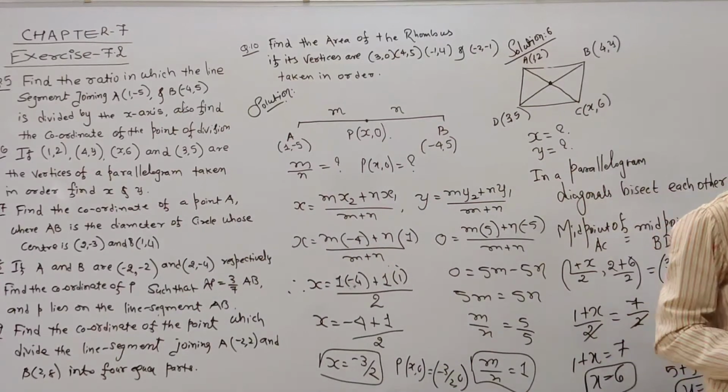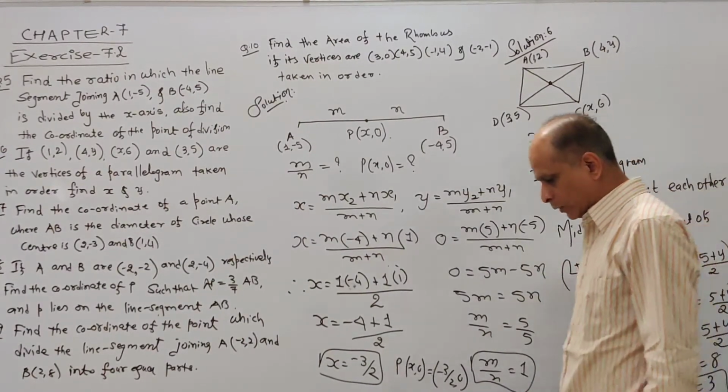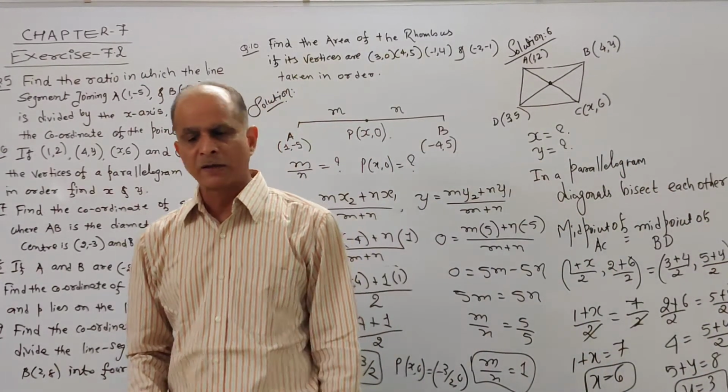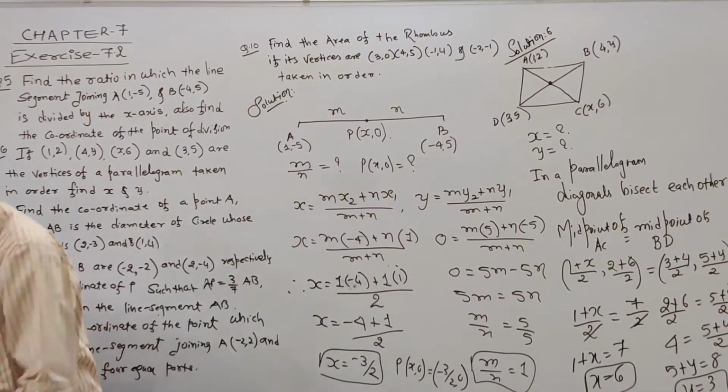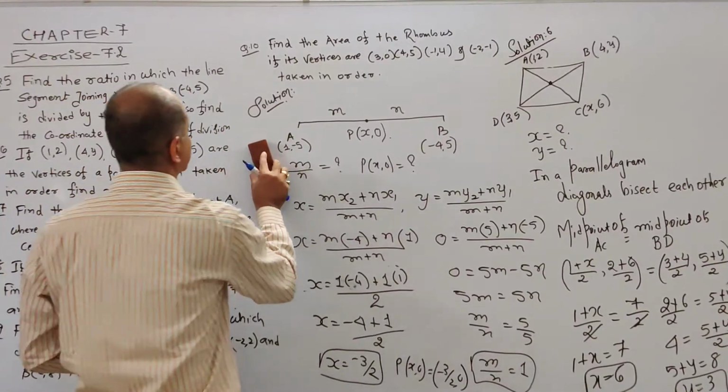In a parallelogram, diagonals bisect each other. Therefore, the midpoint of AC and the midpoint of BD are equal. By comparing the x coordinate and y coordinate, you can easily find the value of x as well as the value of y. Now, let me start example number 7.